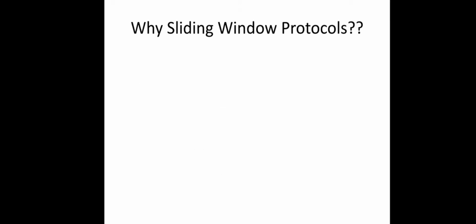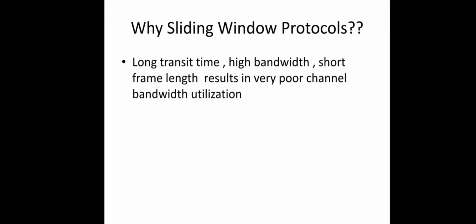And one more thing, if the round trip time is large, the bandwidth is high, and the frame length is short, such a combination makes the channel utilization very poor. As the time delay increases, the bandwidth increases and the frame size decreases, the channel utilization will be very badly affected. So how can we get rid of such very poor bandwidth utilization?